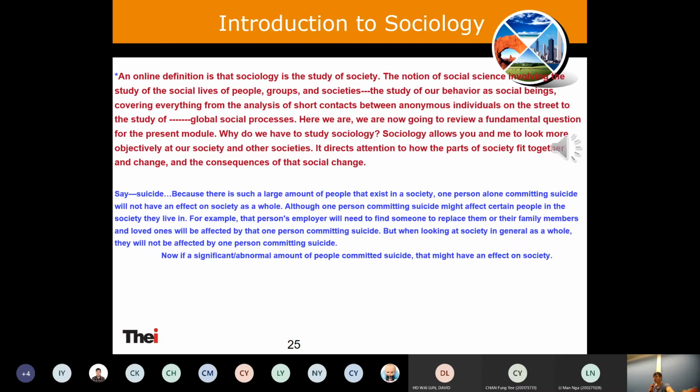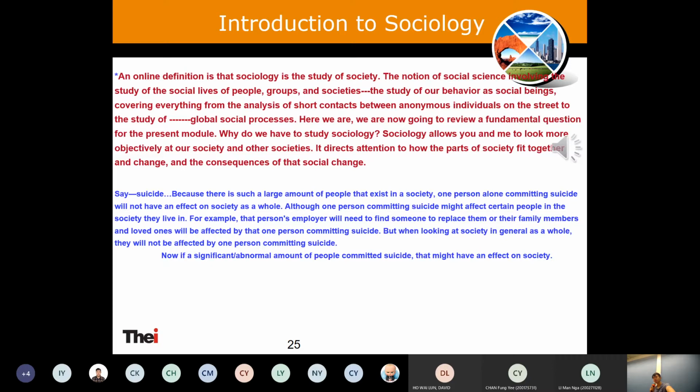And then you have no idea how many people have passed away by committing suicide. But some newspapers like Apple Daily, The Standard, something like that, will pay attention to this because they do care about the developments of our society.